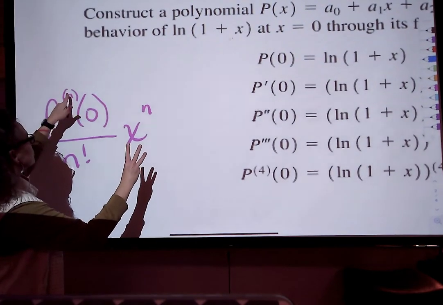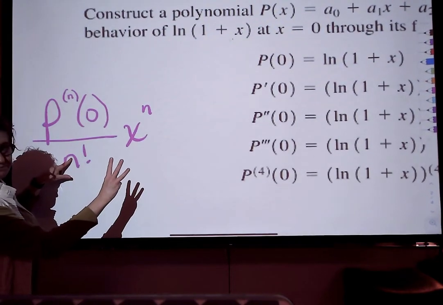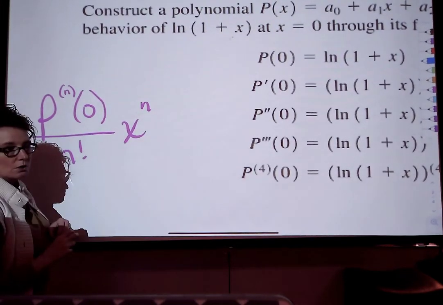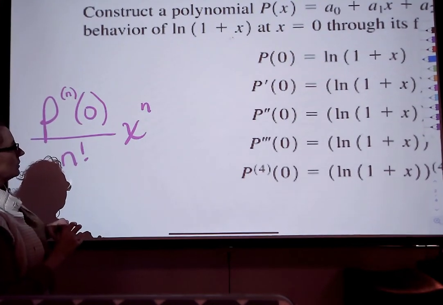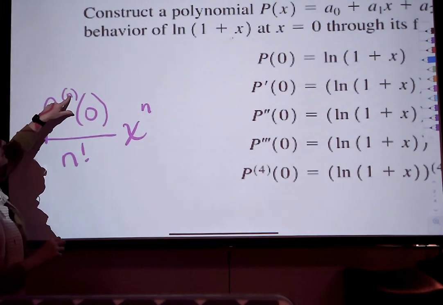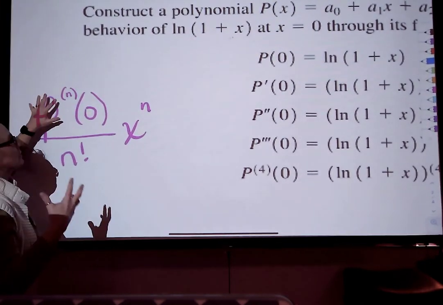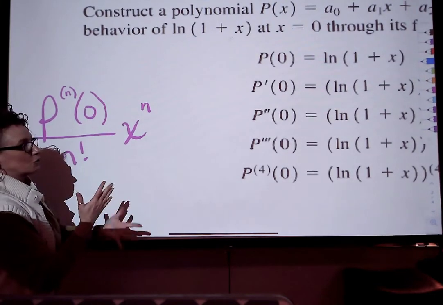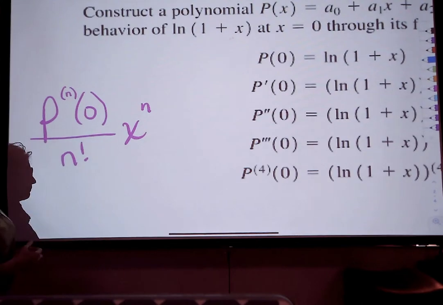Sub in 0 to your third derivative, x to the third over 3 factorial. Ooh, what about 0? Well, when you sub in 0 here, this is gone, so you just need p of 0. You need the initial value, like 5 in the example that I just showed you.